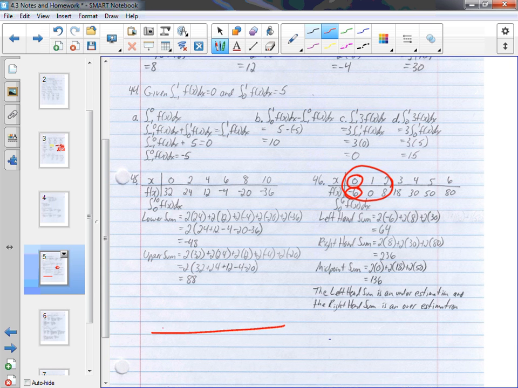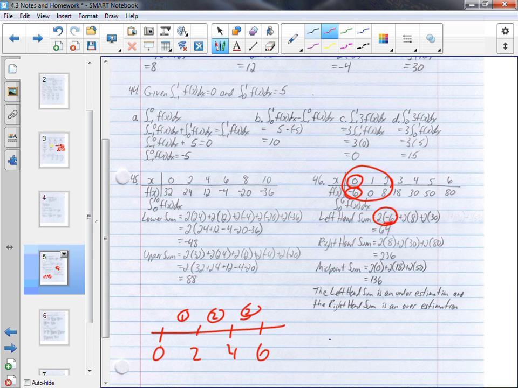Remember this? 0, 2, 4, 6, 1, 2, 3 subintervals. So the width of each rectangle is 2, and the left edge of the first one has an f of x of negative 6. So that's the first rectangle. So signed height, signed area for that rectangle.